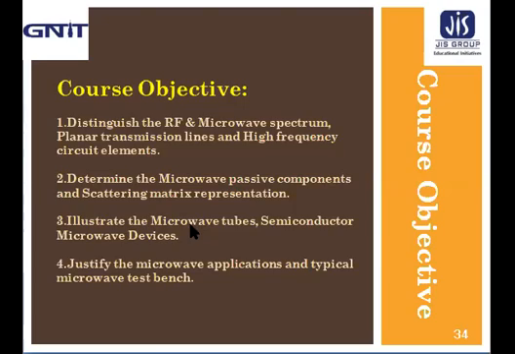Third one is to illustrate the microwave tubes and semiconductor microwave devices. And the fourth one is to justify the microwave application and typical microwave test bench. These four are the course objectives of this subject.